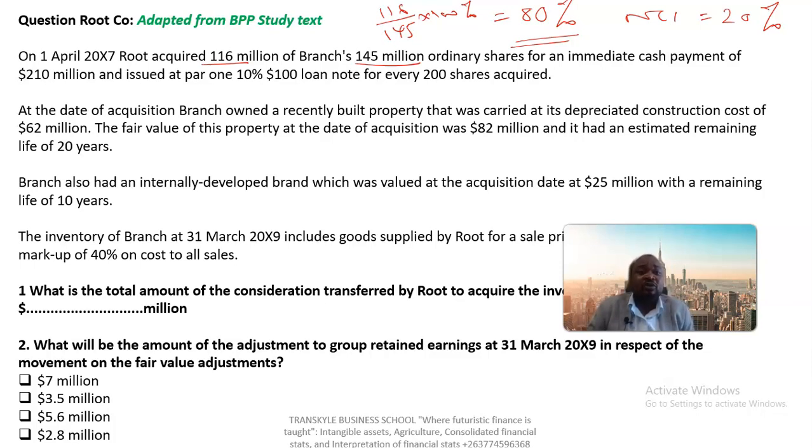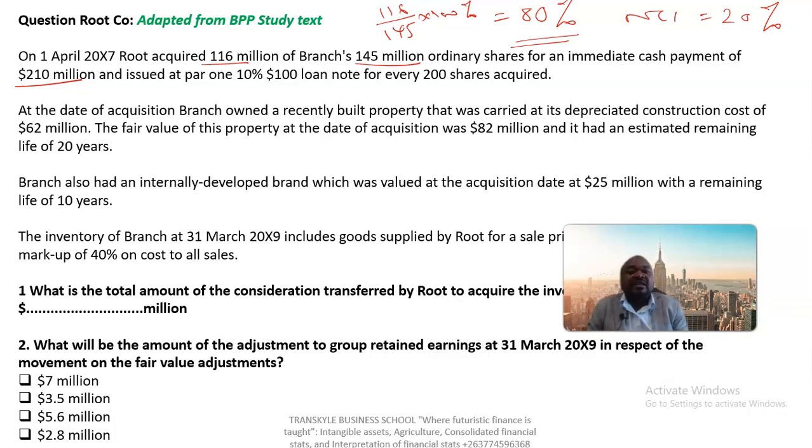They also, on top of that, so this was the cash payment. All right, the cash payment was 210 million. Okay, and they issued at par a 10% $100 loan note for every 200 shares acquired.